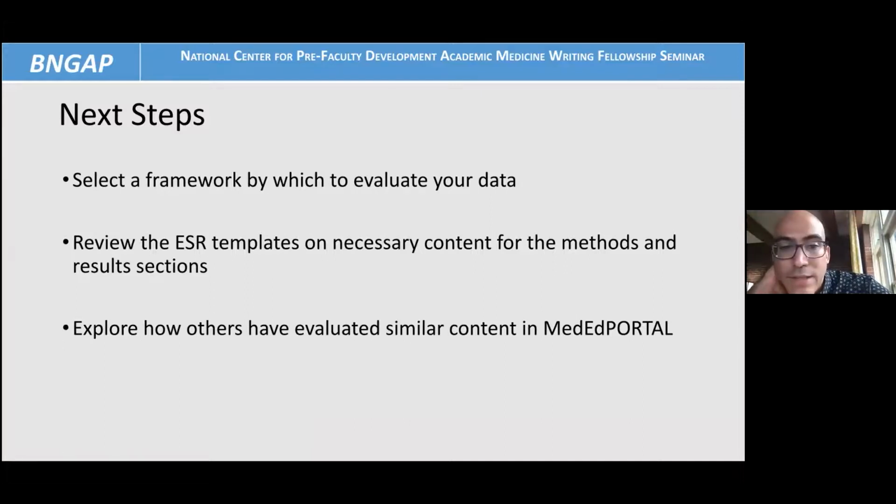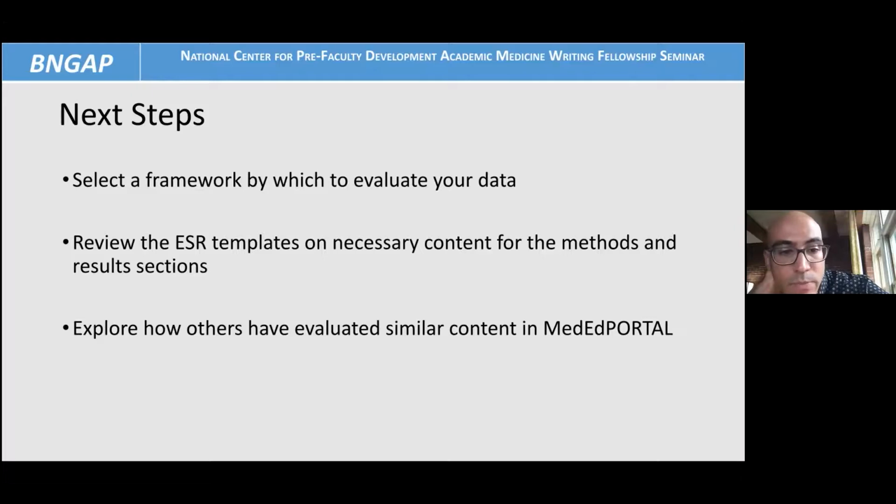Review your ESR templates on necessary content for methods and results sections. So, going to one of those 5 different ESR versions that exist, depending on some of the specifics of your project, and seeing exactly what is required in those results sections.